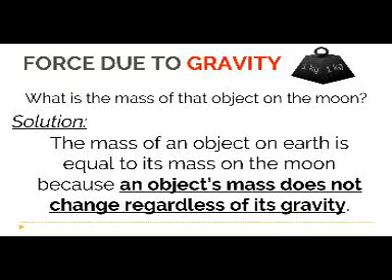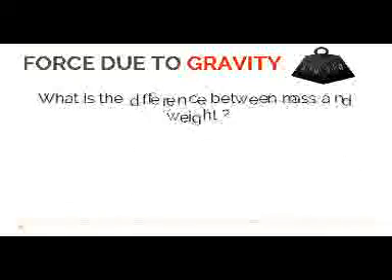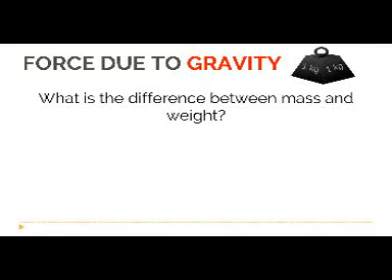And for the last question, what is the difference between mass and weight? As I have mentioned kanina, the mass of a person or an object doesn't change regardless of its gravity.